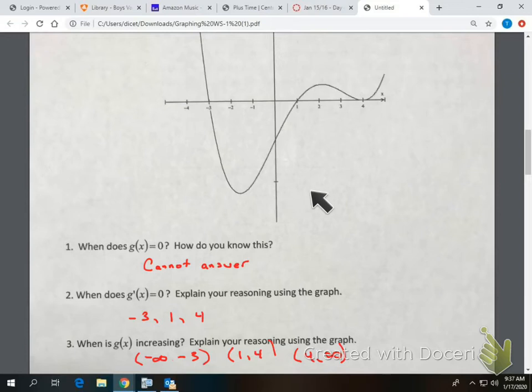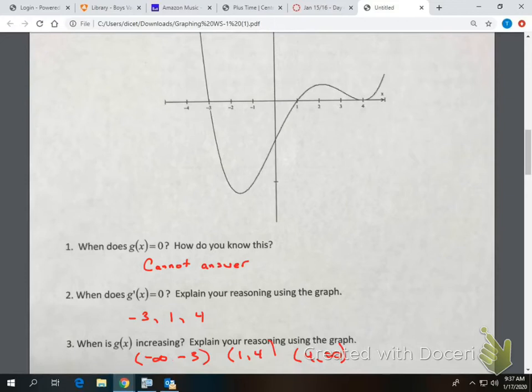What question am I on now? 6. When is the second derivative negative? Which means when is the original function concave down? What's the definition of concavity? It was the first thing I had you do.